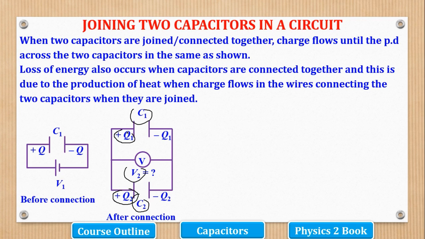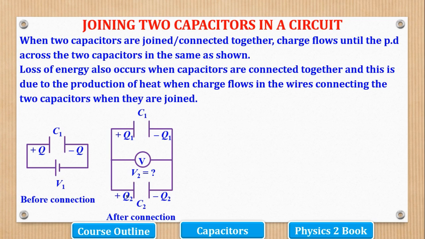Now because the charge Q2 has flown from this capacitance of C1 up to this, it implies that when you combine these two, you'll get back the original charge. So this charge is equal to this plus this, because initially it was Q, then it reduced in order to charge this other capacitance.